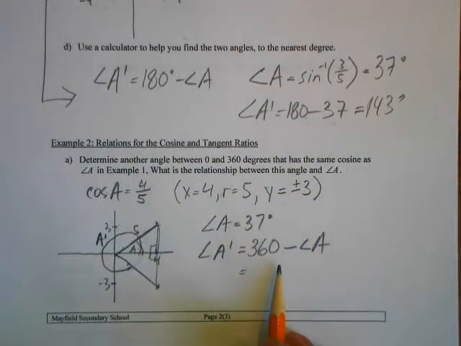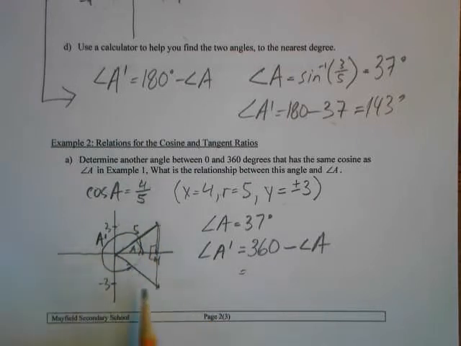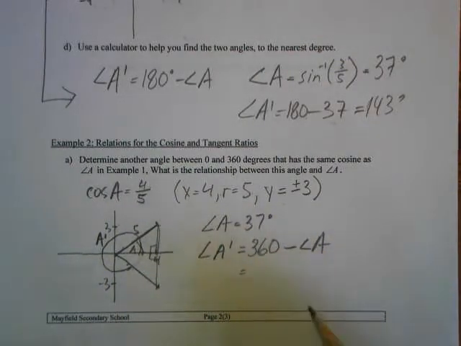So you can see this is a different formula than we had for the sine second angle. I never memorize these. I just look at what it looks like on a sketch and do the logical math from that. I don't like to memorize 3 different formulas for the second angle.